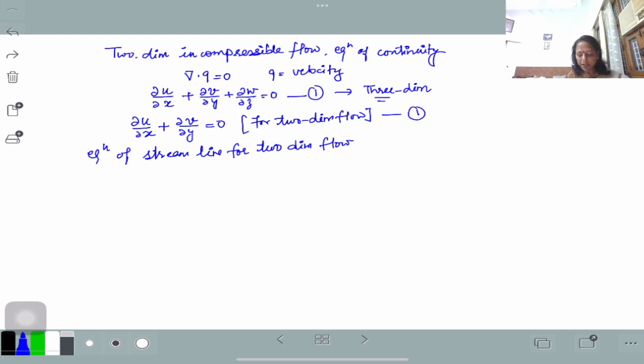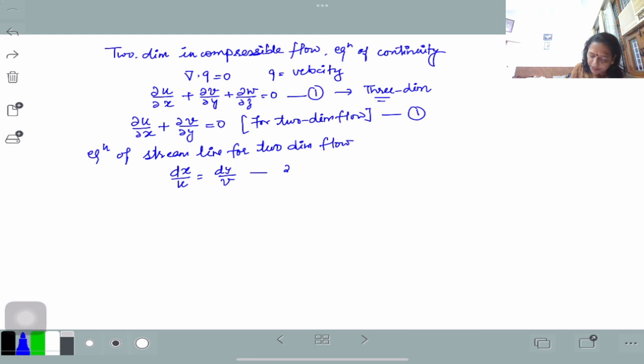Just the condition is that I am taking the streamline for two-dimensional flow. For that, the equation is dx/u = dy/v. This is the equation of streamline.